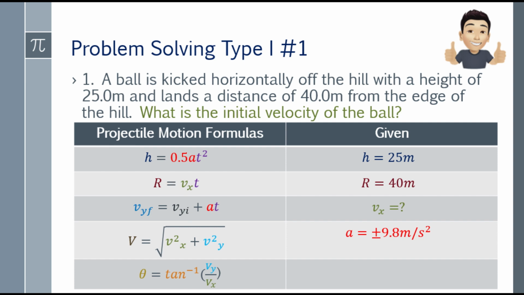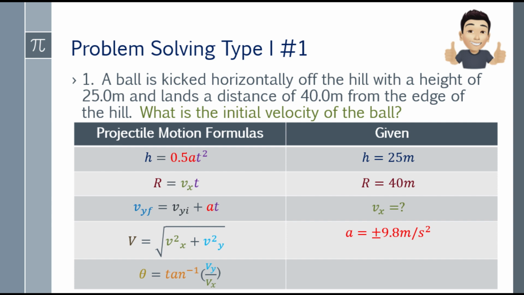So, mapapansin mo Vy. So, we're looking for the vertical component. And fourth formula, velocity is equal to the square root of the quantity, the square of the horizontal component of the velocity plus mo sa vertical component ng velocity, i-square mo din yun. So, parang Pythagorean theorem lang. Paano natin malalaman yung V kung initial or final?